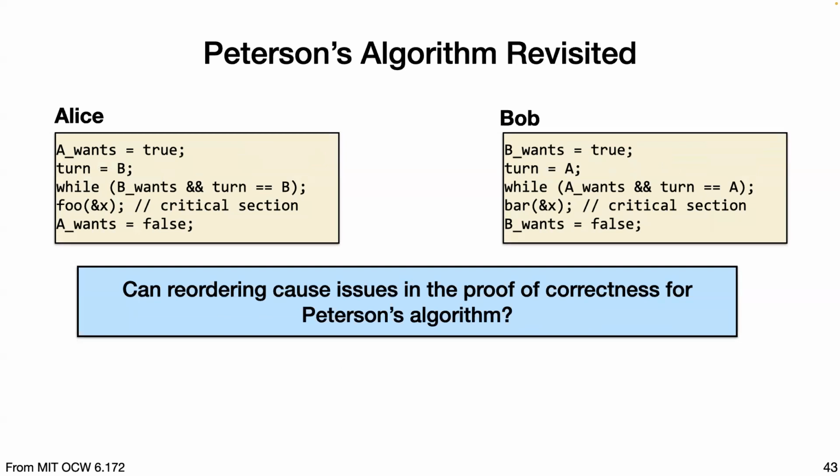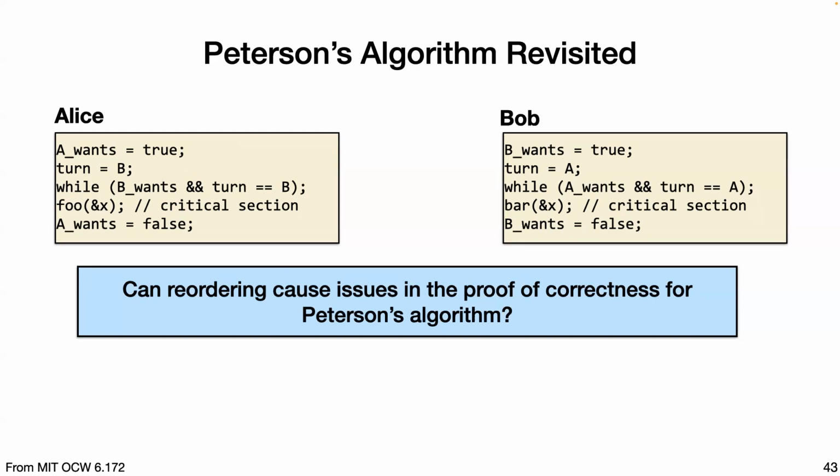This Peterson's algorithm that we were just doing. Can reordering cause issues in the proofs that we were just doing for Peterson's algorithm? We cannot reorder from that on x86.